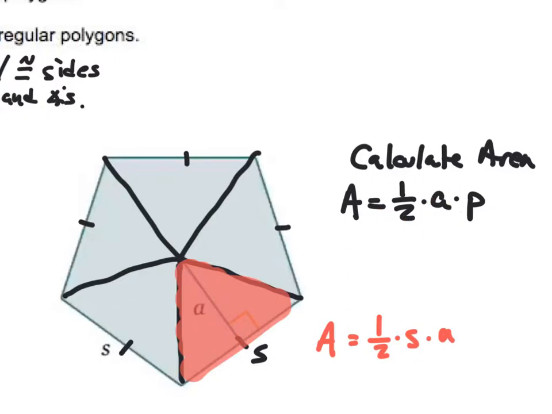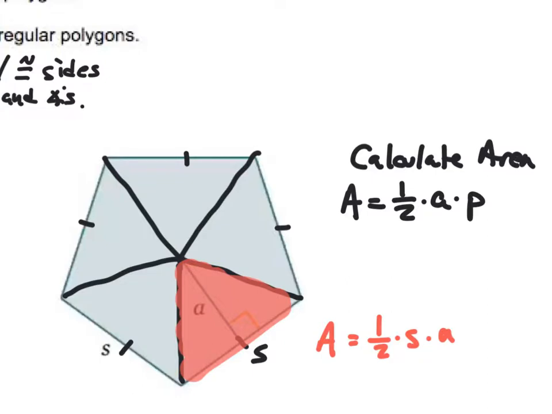This will always work, but it depends on what you're given in the figure. Sometimes you're given this length here, which we call the radius, or you're given the side length, or you're given the apothem.